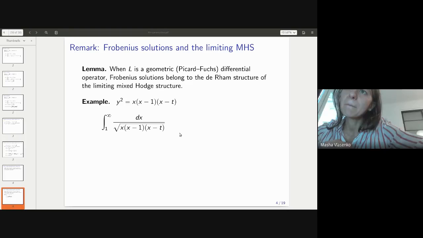Okay. If you ignore local exponents like this t to the rho, by the way, for geometric differential operators, for Picard-Fuchs differential operators, local exponents are rational numbers. Rho is rational.